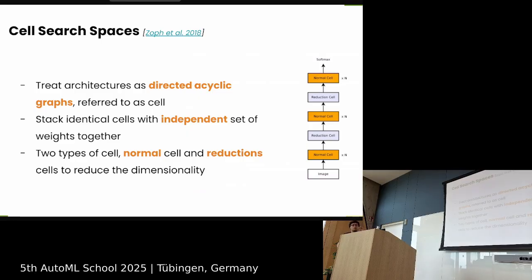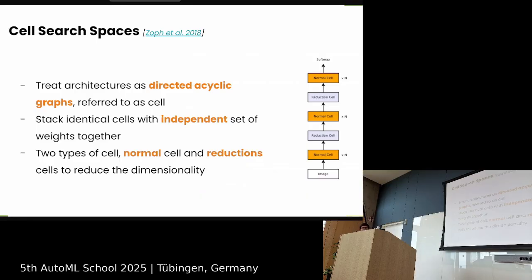And now what you normally do is, you can either think of the architecture as one big, large cell, but that's somewhat infeasible, right? Because if you think of convolutional neural networks or now transformers, you have like 20 or 30 layers, so that would quickly become infeasible.